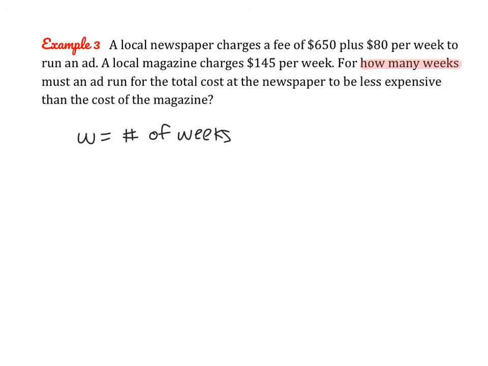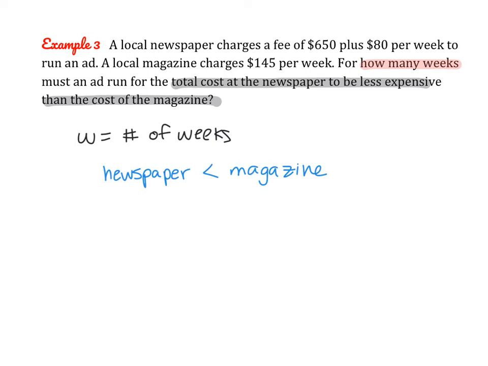And then they're saying for the total cost at the newspaper to be less expensive than the total cost at the magazine. So we want the newspaper to be less than the magazine. So now we just need to find a way to describe the cost of each item.